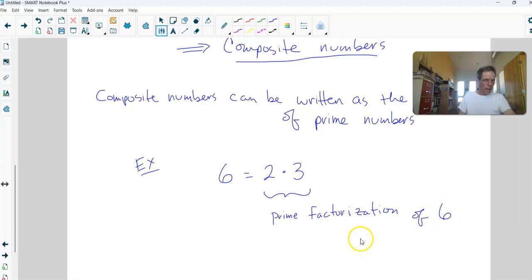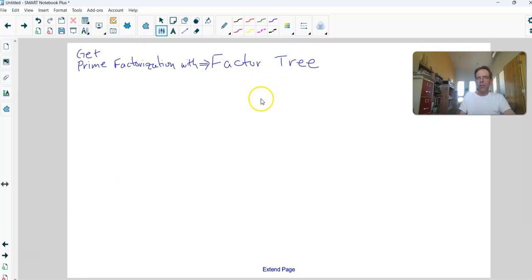So how do we easily find these prime factorizations when the numbers are bigger than 6? There's several ways. The way I like to do it is with something called a factor tree. Here, we'll do a factor tree for a number like 6. So you write the number that you want to get the prime factorization for and write some branches under it. And then I usually jot down a few primes and start with the smallest prime and ask the question, does 2 divide into 6 evenly?